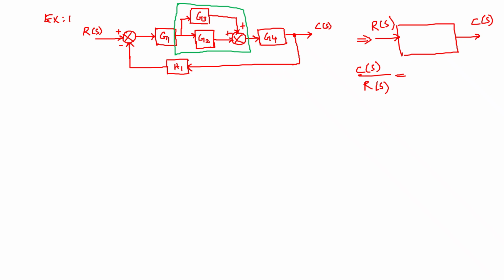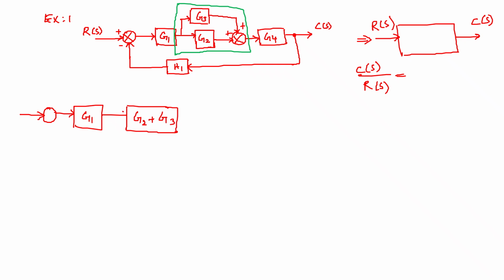So eliminating the parallel block, the block diagram can be redrawn, keeping the other blocks as they are and reducing the combination of parallel blocks based on the sign available in the summing point corresponding to those blocks.